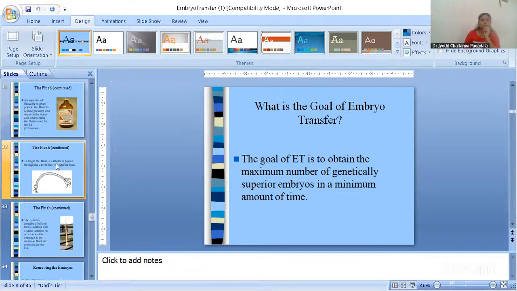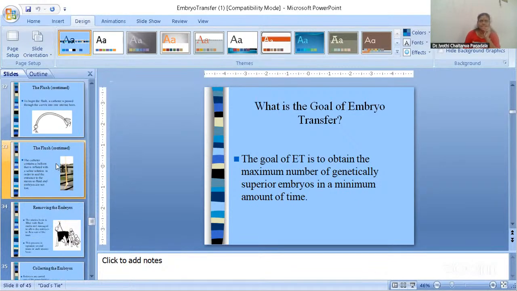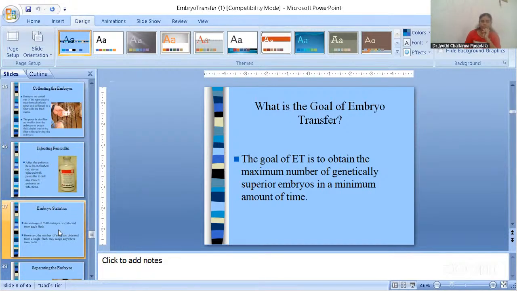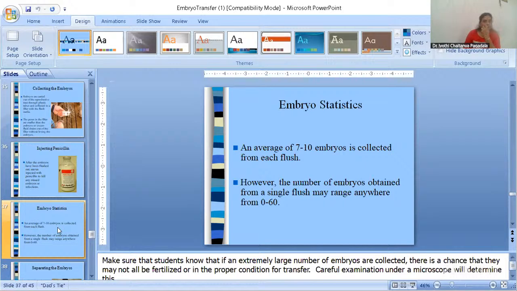We also discussed how to collect the embryos, and the use of penicillin after injecting into the donor, and apart from that we also have the embryo statistics.